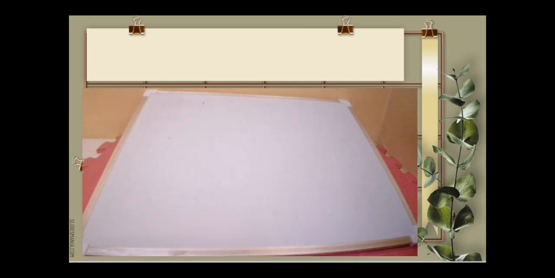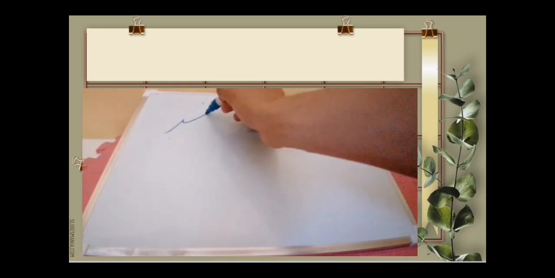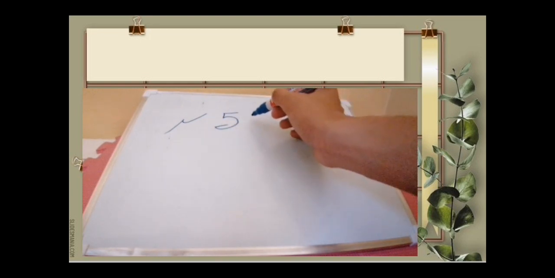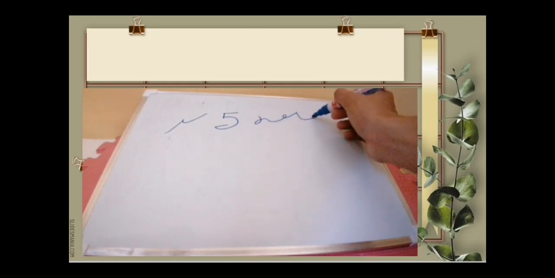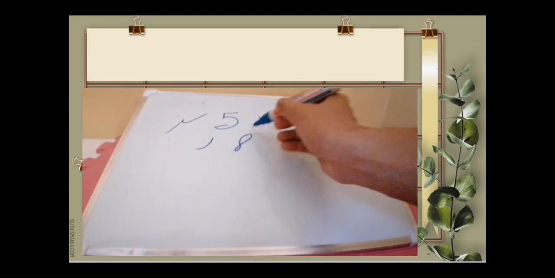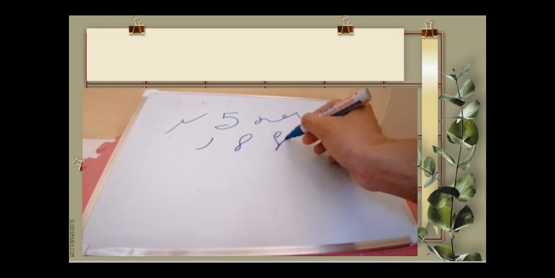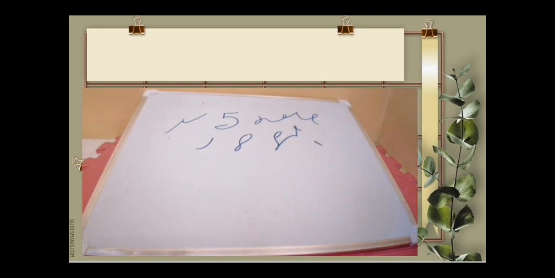So, first example we have here: there are 5 secretaries and 8 assistants. So we read it as there are 5 secretaries and 8 assistants.